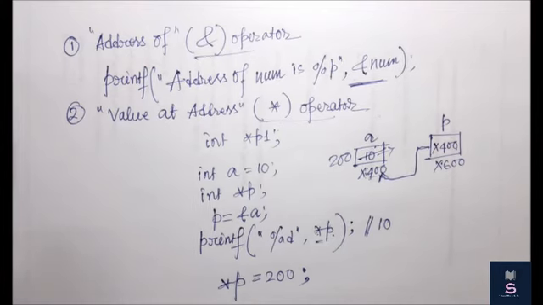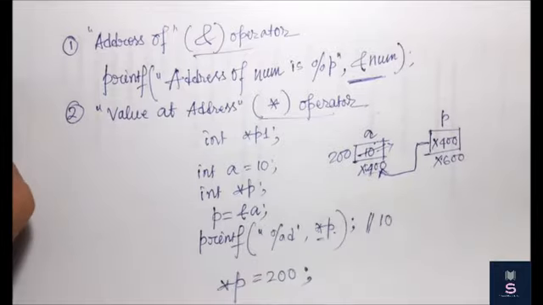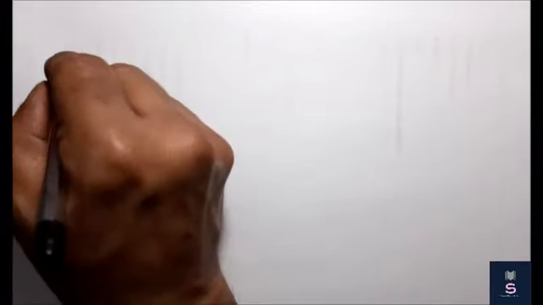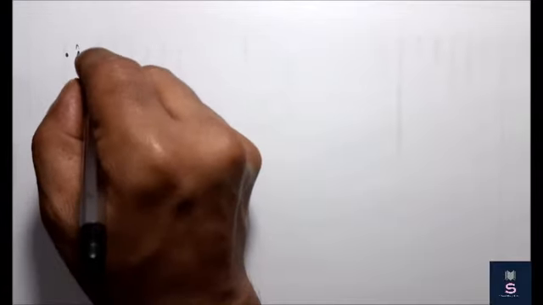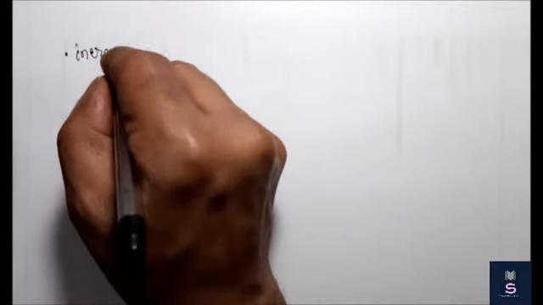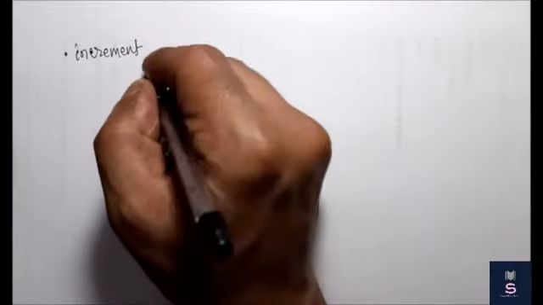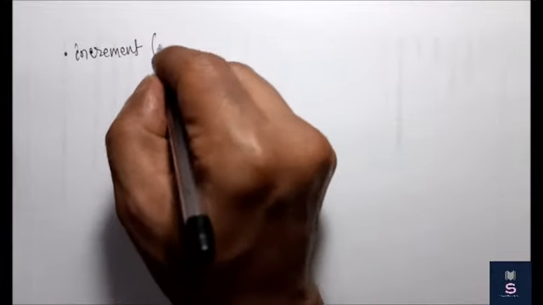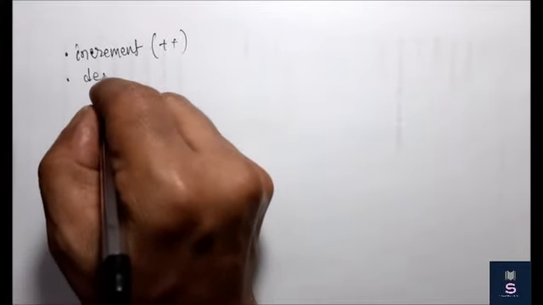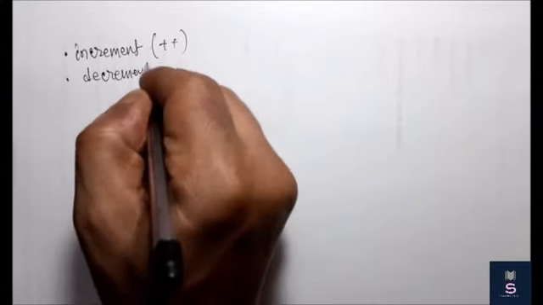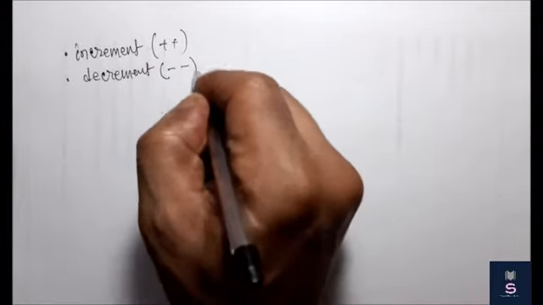A pointer may use the increment operator, which you already know and are familiar with, written as plus plus, and it may use the decrement operator, that is minus minus.